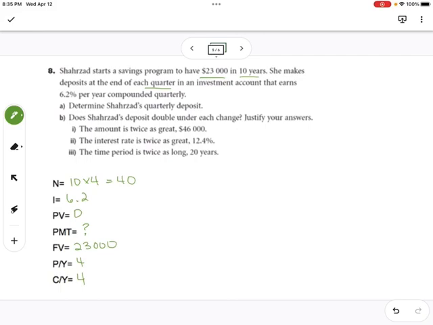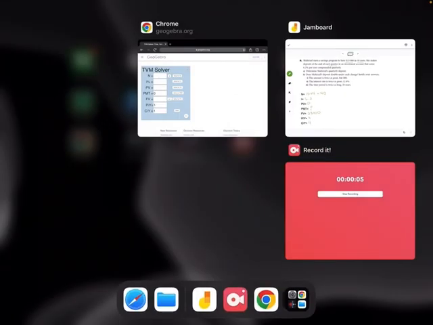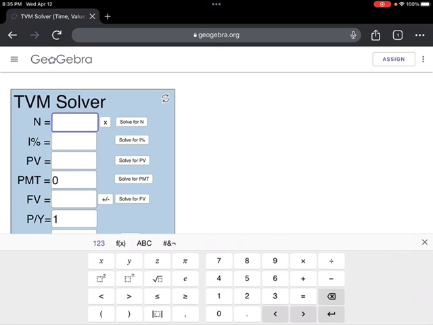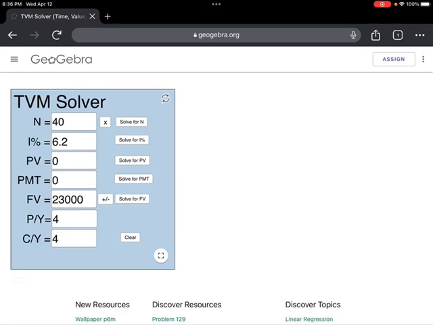Okay, so putting those values into our solver here. 40, 6.2, present value is 0, future value is the 23,000. And our payments and our compounding periods is 4. So then we can hit solve for PMT.